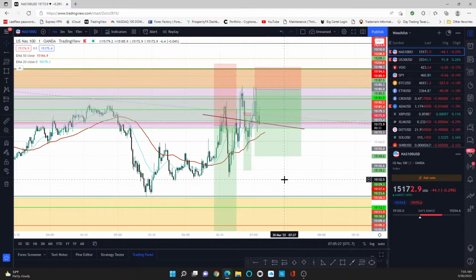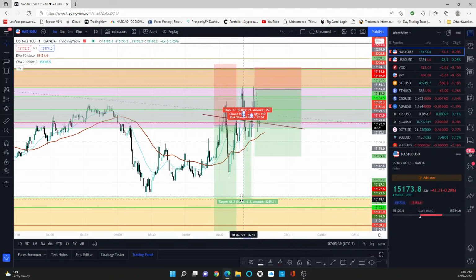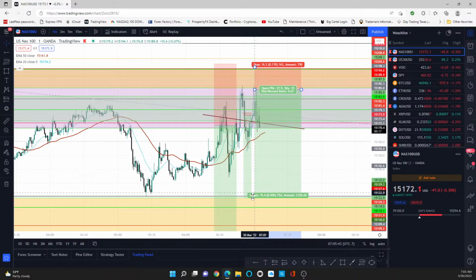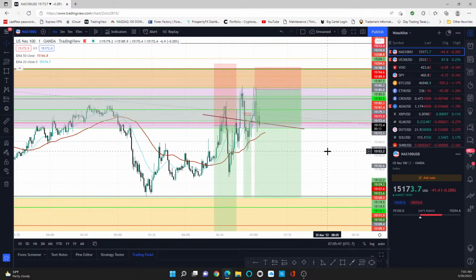I move my stops to 206.50, so just below my top position. Let's see if it can finally keep this now. That's 5 seconds.